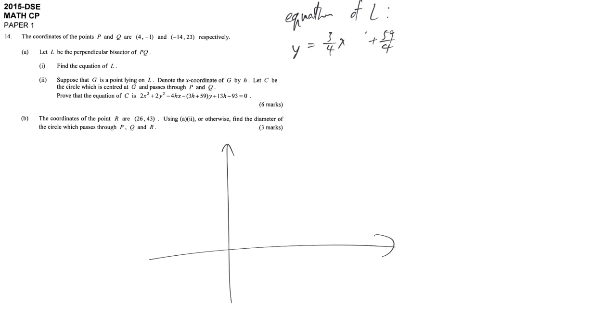Just now, point P is here, and point Q is here. And our L is here. And then they say that there is a point G somewhere here, labeled as h and 3/4 h plus 59/4.